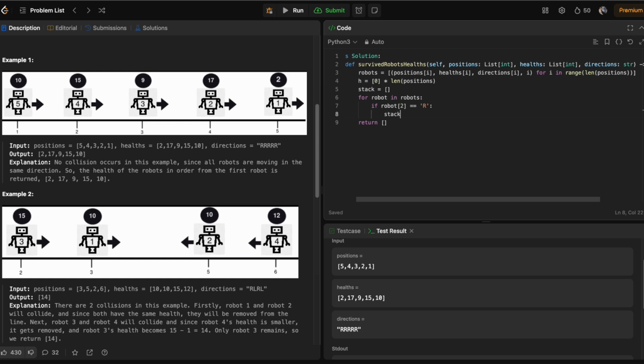We can just do stack.append, and we really only need the robot's health, so we do robot 1 and the robot's index, so 0, 1, 2, 3, robot 3. Okay. Else, while stack, so while there's robots on the stack.